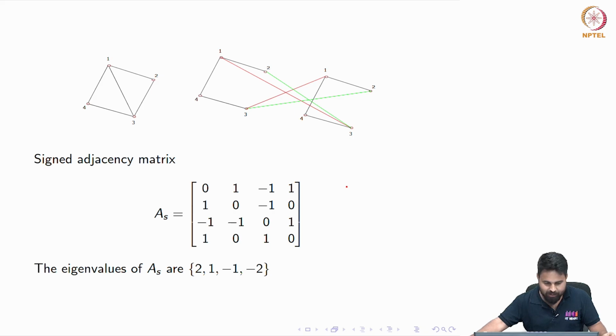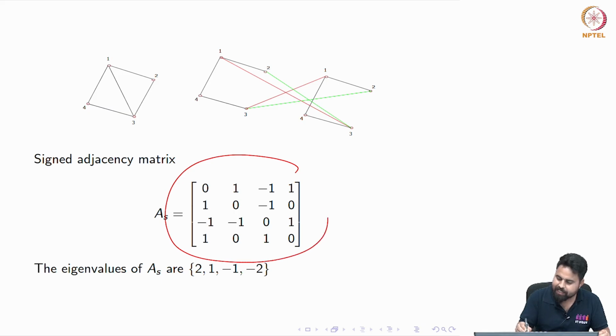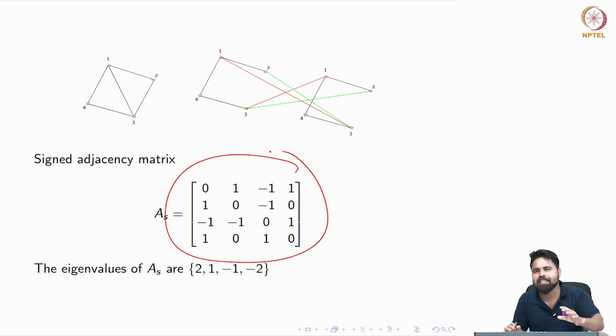The new eigenvalues are given by something called the signed adjacency matrix, which is very easy to define. It is nothing but the adjacency matrix where at some places there is -1 instead of 1. Those -1s are at the places where the crossing has happened.